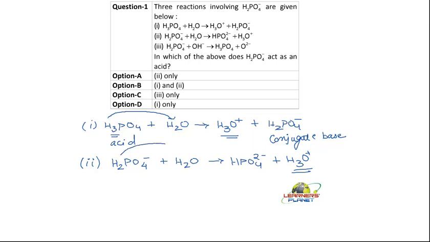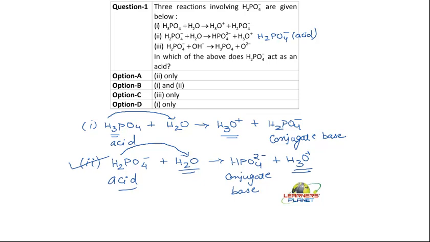It means this H2PO4 minus is donating one proton to H2O. So this is an acid over here, and this HPO4 2 minus is its conjugate base, and this is the hydronium ion. So here H2PO4 minus is acting as an acid, right?